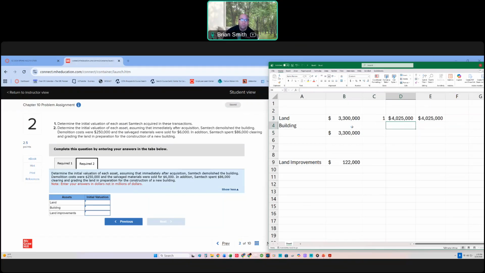And then we have demolition costs of 250,000, so I'm going to just add 250,000. And then materials were sold for 6,000. That's fine. And then we graded and cleared the areas for another 86,000. So we're just going to add all this together. And the cost of our land should now be 4,355,000.